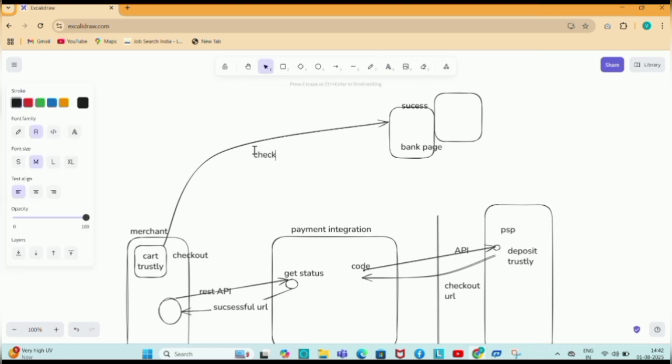So there is a list of banks. So it is called a hosted payment page.